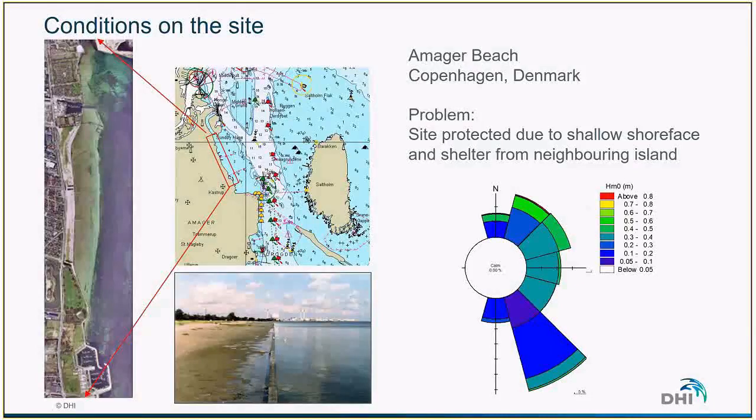We can see on these pictures that these conditions led to a very muddy beach, which was unattractive. It's important to note that in front of this beach there were some relatively deep channels where currents were relatively strong. That is an important thing because it's going to be used for the development.